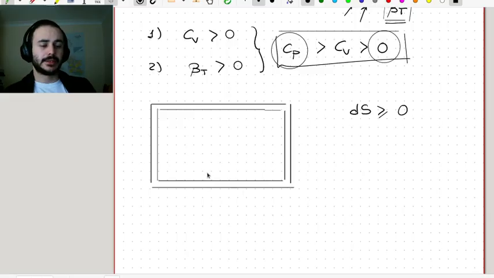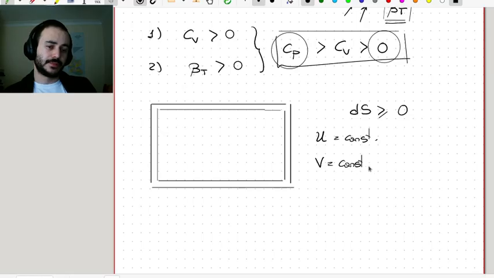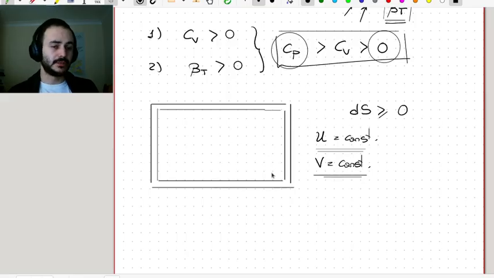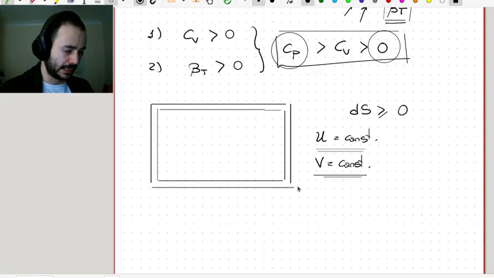And if you are already in a state of maximum entropy in such a mechanically and thermally insulated system, so we are saying the internal energy is constant, and also the volume is constant. Okay, volume is constant means there's no mechanical work, and the internal energy being constant means also that there's no heat coming in or out, which is precisely the situation we have in mind.